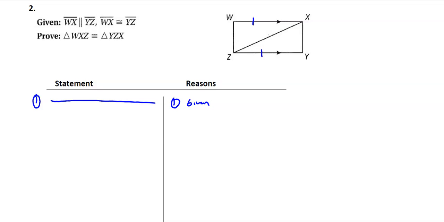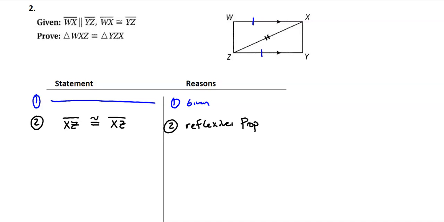First thing I spot right away is I see that I have a shared side. Now, you don't have to do this first, but I'm going to just go ahead and get it out of the way. I'm going to say that XZ is congruent to itself. And my reasoning is that is the reflexive property. Okay, reflexive property.